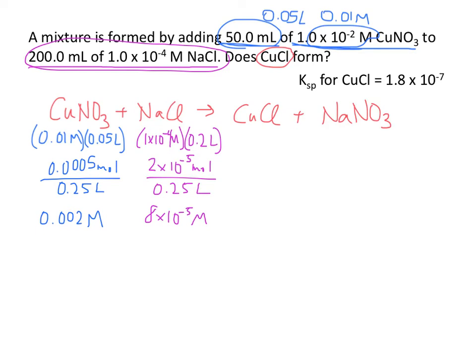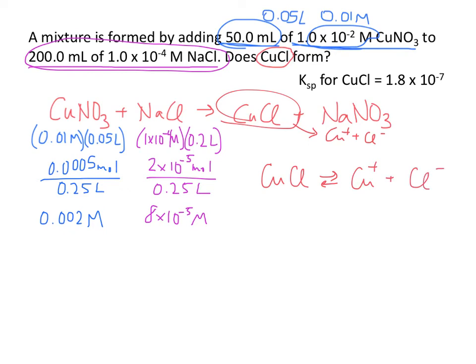So the overall reaction that we're actually looking for is, does copper chloride form? So that copper chloride, the question is, is it stuck like that, or is it going to turn into copper and chloride? So let's write that nicer. Copper chloride, which way is it going to go? To Cu plus and Cl minus, or is it going to stay at CuCl?